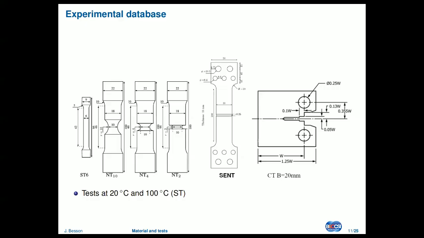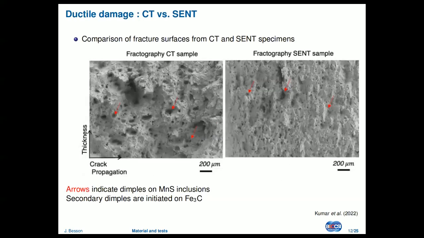Now, once again, when you want to do some mechanical analysis, you have to look at the fracture surfaces to make sure that your model makes sense compared to what you see on the fracture surface. So here you have two fracture surfaces, one on a CT specimen, and the other one on an SENT specimen.